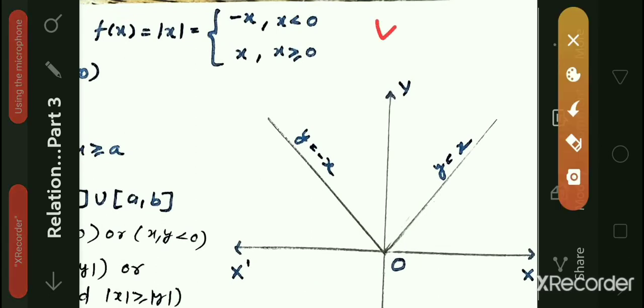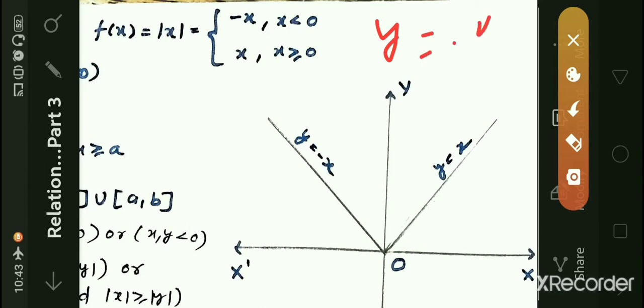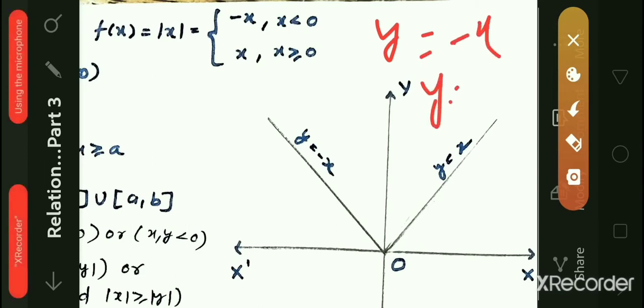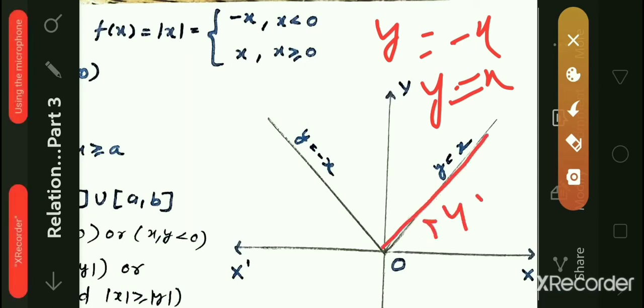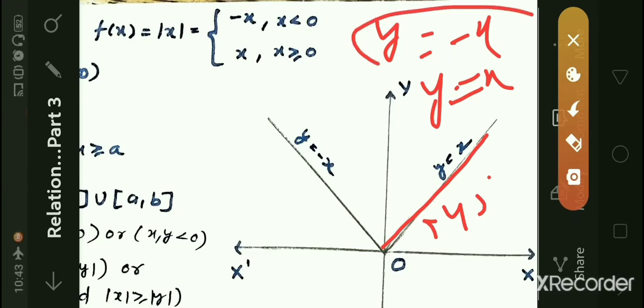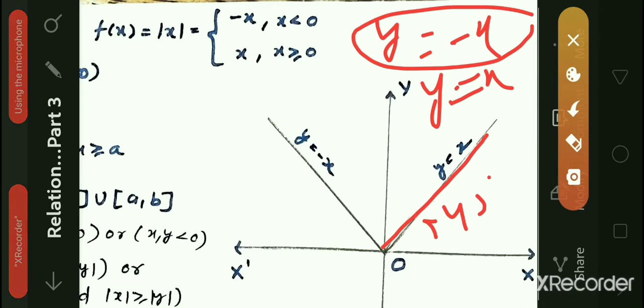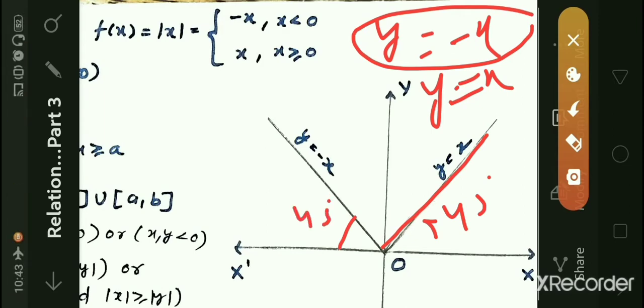First is y = -x, and second is y = x. This is somewhat similar to the identity function. This is making an angle of 45 degrees, and the only difference with y = -x is that here x is negative, so it will start toward the second quadrant, making an angle of 45 degrees. Both will be like incident and reflected ray.